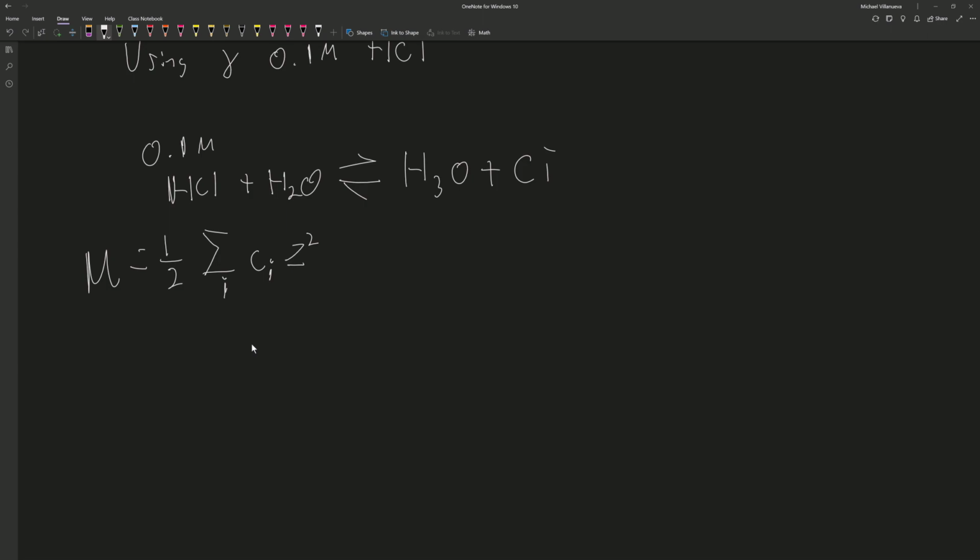Putting these values in, C1 will be the H3O plus and C2 will be the Cl minus, and they will both be 0.1.